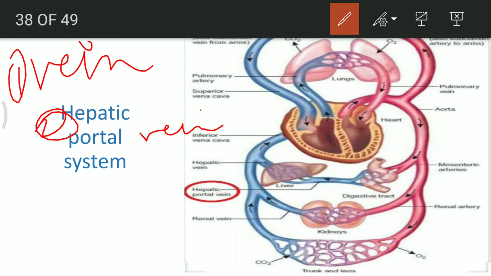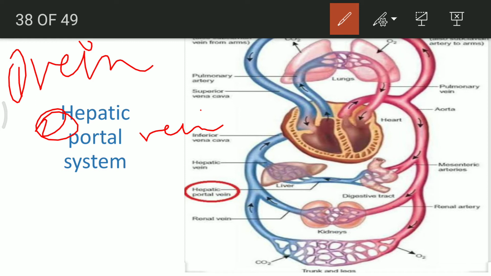With the help of these veins, this vein receives a number of small veins from the different structures and regions of the digestive tract, and collects the completely digested glucose and amino acids, which are exchanged when the capillaries are exchanging the oxygenated and deoxygenated blood. During that time, even glucose and amino acids are exchanged.